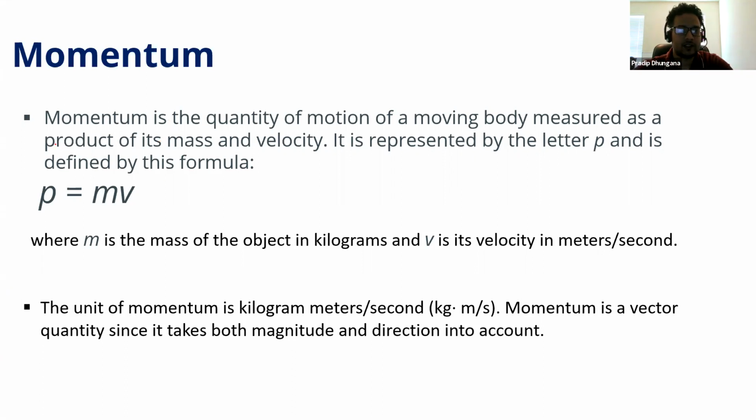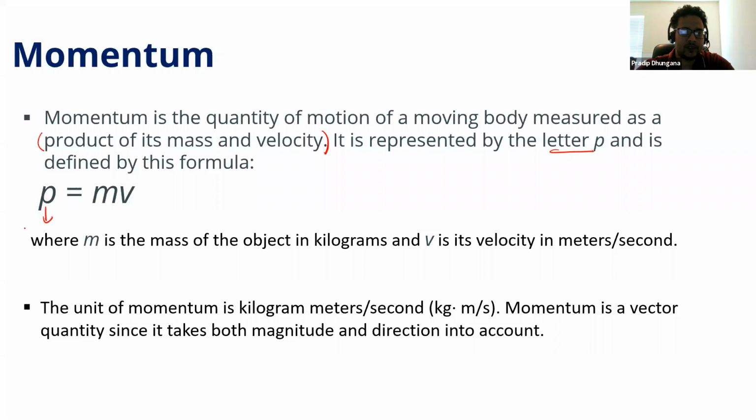So that is the definition of momentum. If an object of mass m is moving with velocity v, then the product of that mass and velocity is called momentum. It is represented by the letter p and defined by this formula.